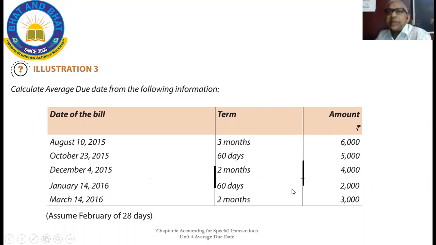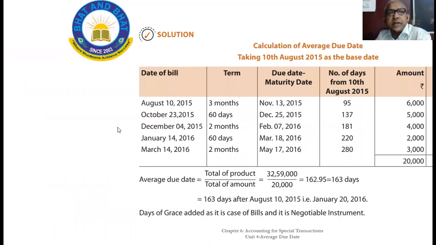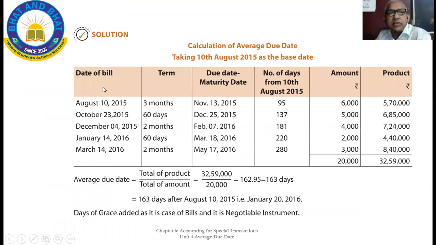Hence, due dates will be, see here, this is the information given in the question. This is calculated: 3 months from here. You can add 3 months, September, October, November, plus 3 days grace. Hence, it is November 13. Here 60 days. Hence, October will be 8 days, November 30 days, 38 days.